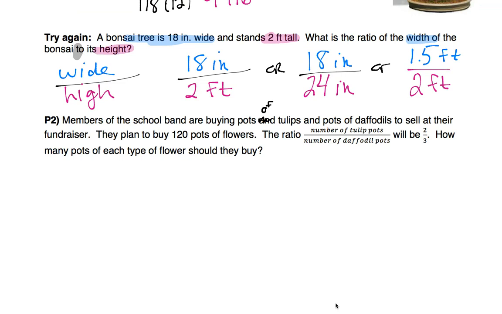They plan to buy 120 pots. The ratio is going to be the number of tulips. So that means 2 represents tulips. Daffodils is represented by 3. So a 2 to 3 ratio. How many pots of each type of flower should they buy?